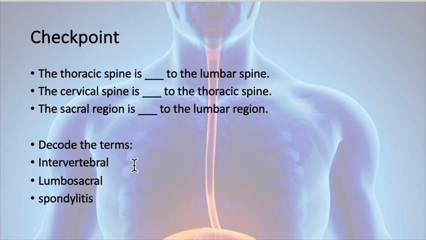Okay, so intervertebral. Let's break this up here. Let's look for prefix, any roots or combining forms, and suffix. Now, the suffix al means pertaining to. Inter is the prefix for between, and vertebra refers to the vertebrae, or the spinal bones.